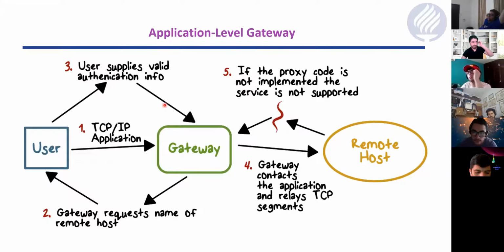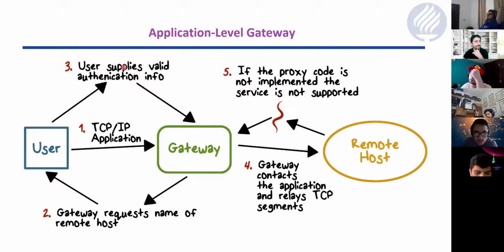The application level gateway can look like this. The user contacts the gateway using TCP/IP applications, for example FTP, Telnet, or any other application. Then the gateway requests the name of the remote host.